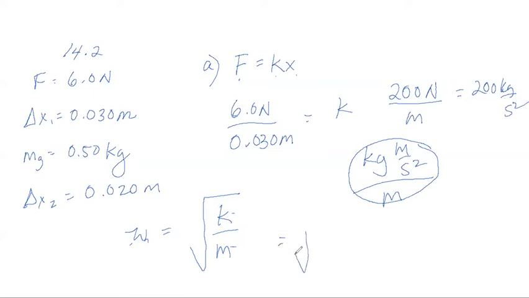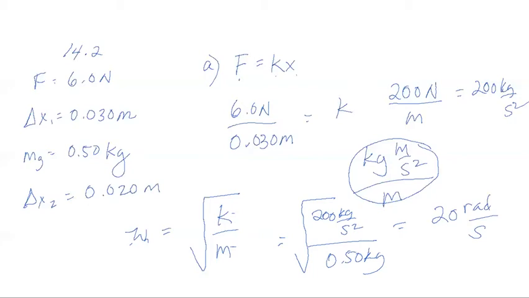So we've got 200 kilograms per second squared over 0.50 kilograms, and omega is going to be 20 radians per second.